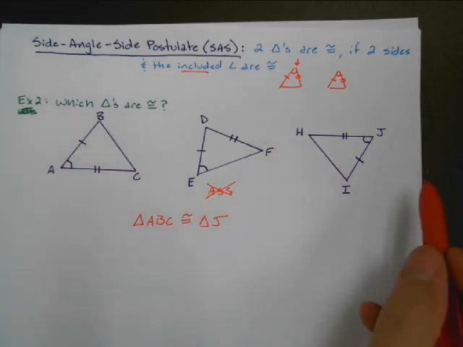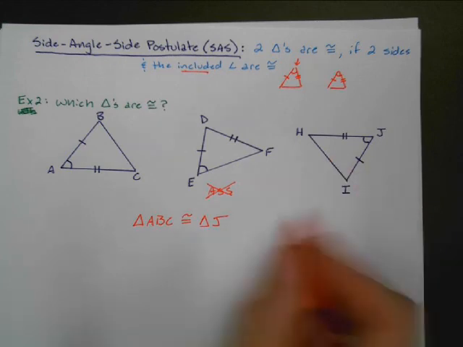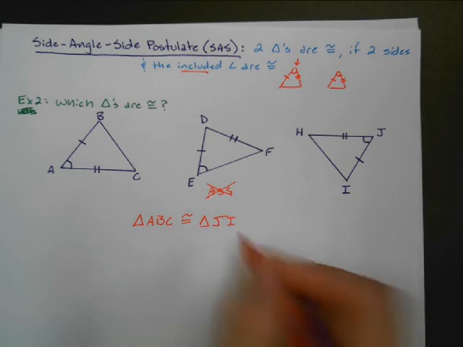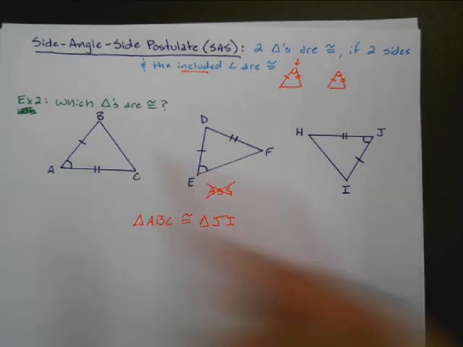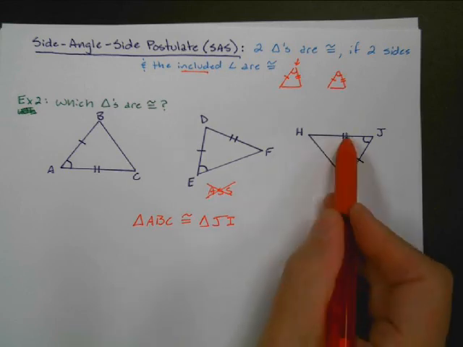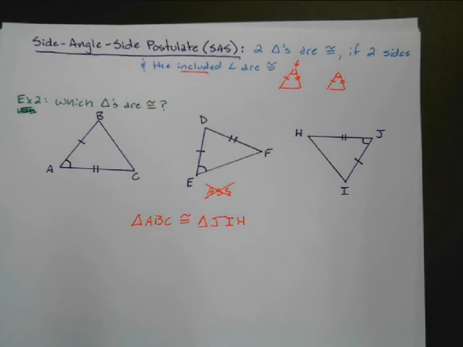So over here, I is between one tick mark and no tick marks. So those ones have to go together. And then finally, C is between two angle marks and no angle marks, and H is between two angle marks and no angle marks. So now we have it in the correct order for our congruent statement, and everything has to be perfectly in order for that to happen.